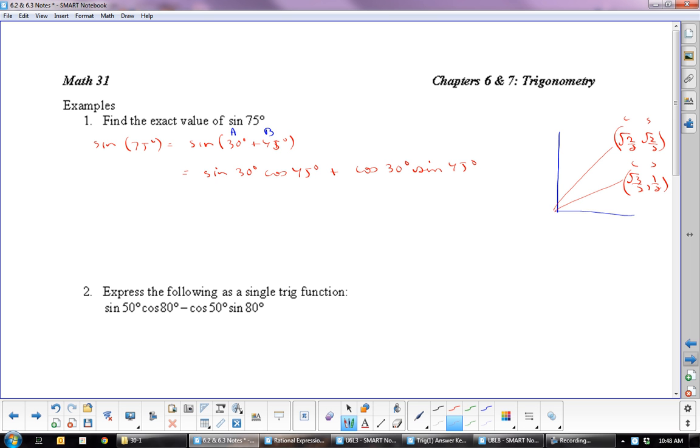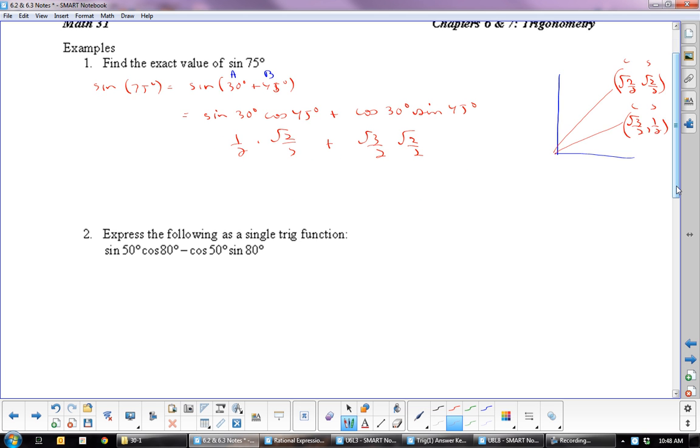So sine 30 is 1/2 times cos 45, root 2 over 2, plus cos 30, root 3 over 2, and sine 45, root 2 over 2. You just multiply the two together, you get root 2 over 4 plus root 6 over 4. So your final answer would be root 2 plus root 6, all over 4.